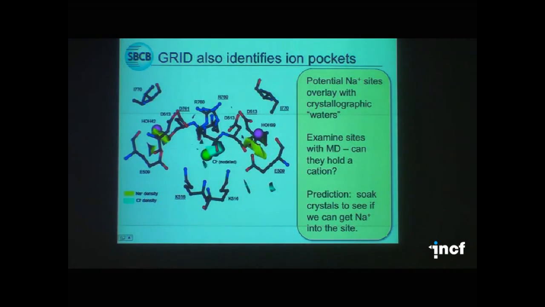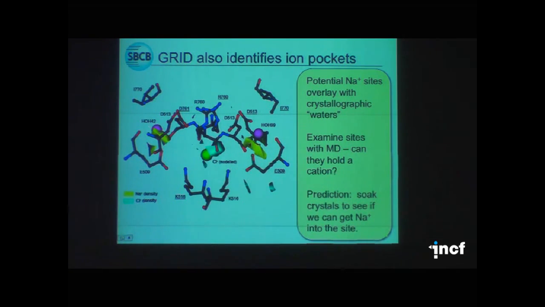The second clue was to use a very simple program called GRID, Peter Goodford's GRID program. Essentially you put the protein onto a grid, and then you put your probe molecules or atoms at different points on that grid and calculate the interaction with the protein. You can see here nicely that the cyan is the prediction, and it nicely reproduces the chloride site, and then it has 2 sites for what it predicts as sodium density.